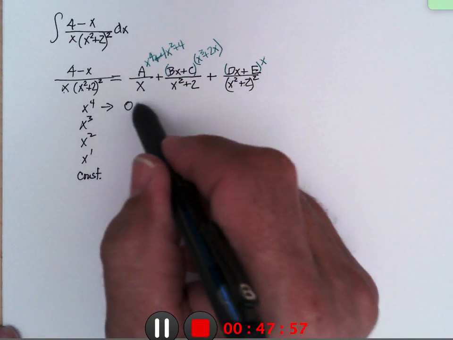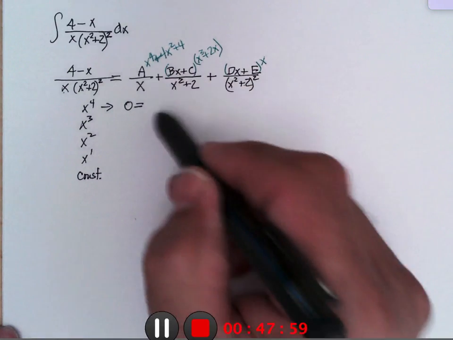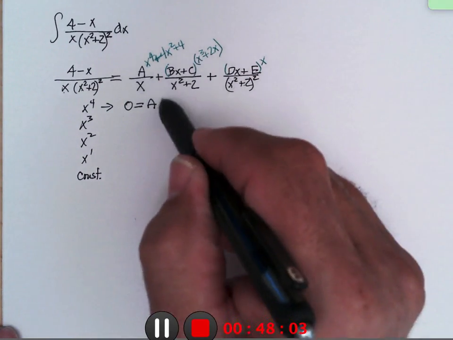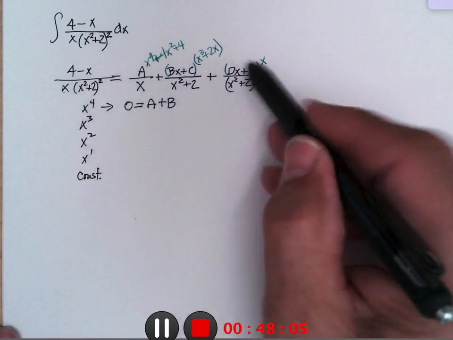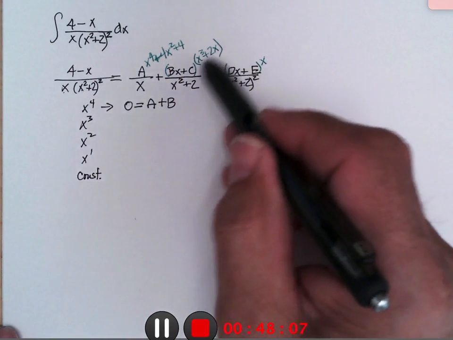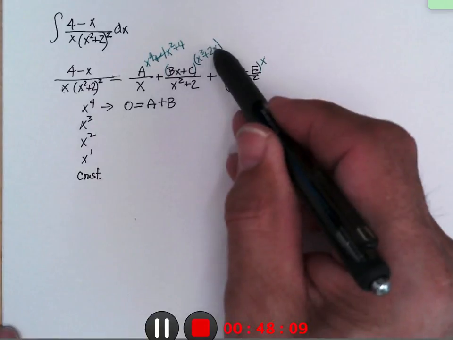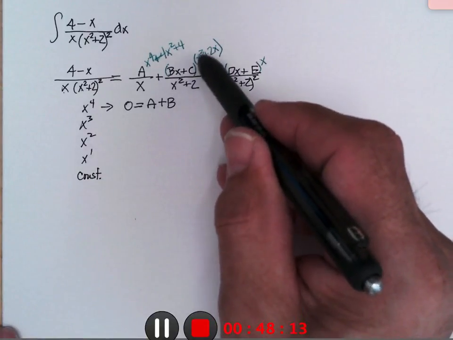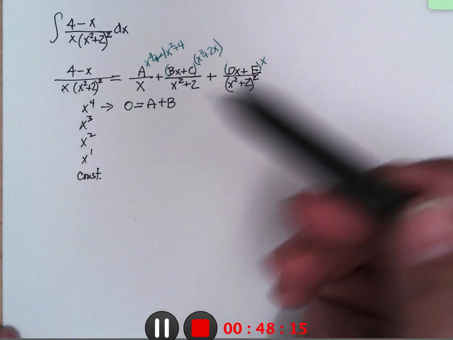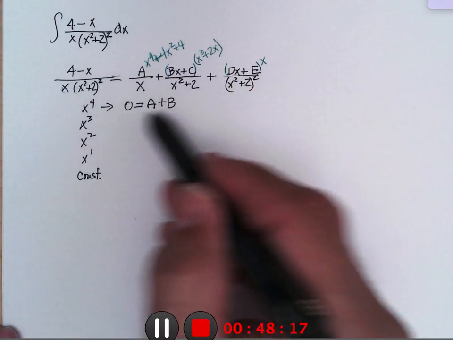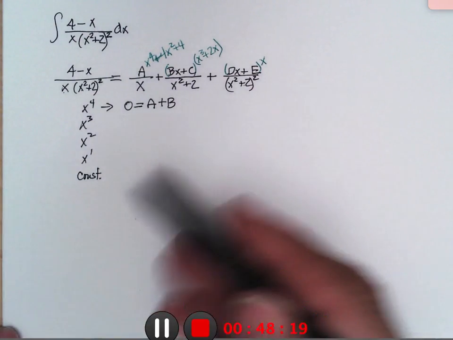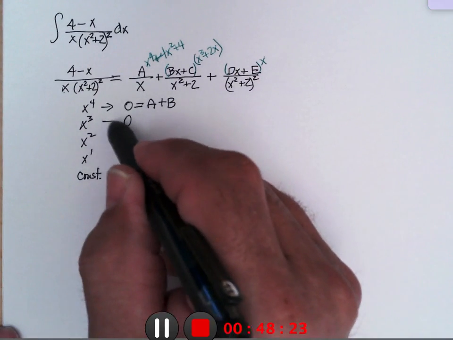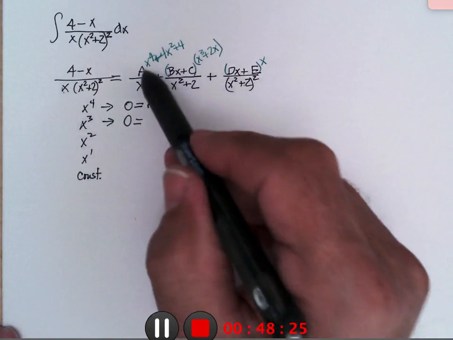A here, and b here, and no more x to the 4th, because this would be 2bx squared, and cx to the 3rd, and dx squared. So a plus b has to be 0. There's no x to the 3rd, so I start with 0, equal, over here, no x to the 3rds come out of this.